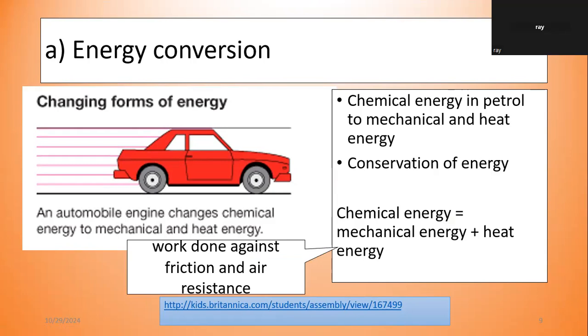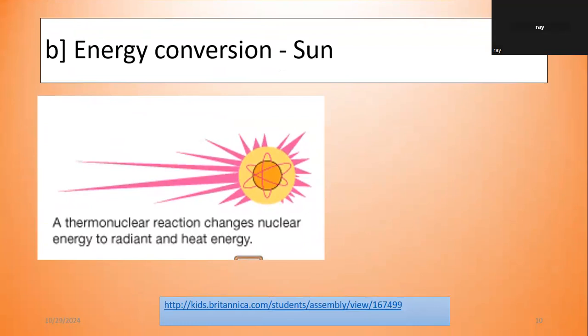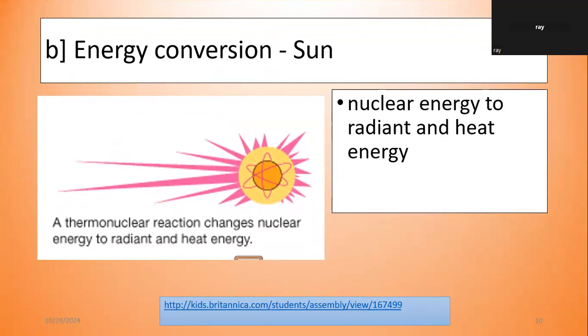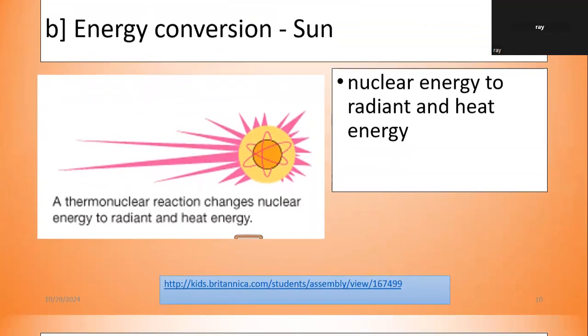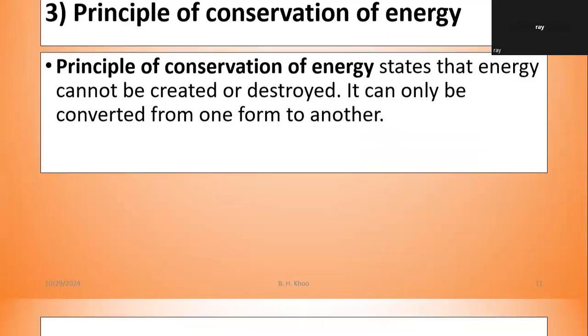Right? Heat energy is because there is going to be work done against friction and air resistance. And energy from the sun is nuclear energy to radiant and heat energy. So all these we summarize as conservation of energy.